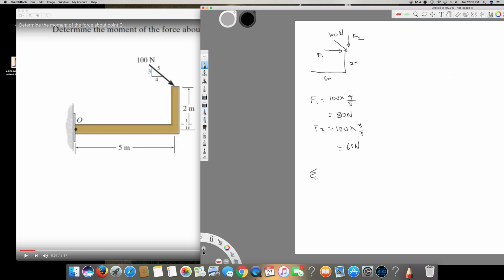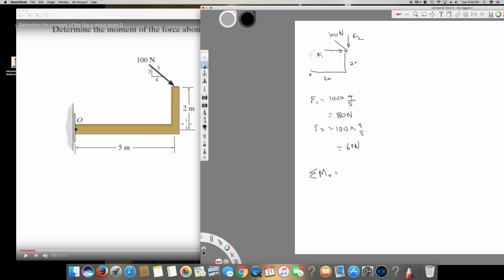In order to find the total moment, I have to multiply the force by distance. First of all, we have to make a sample diagram. So this is the origin O, right? And I'm putting a dotted line to make a square to show exactly where it's going to turn around, because we have to know that, then only can we put positive or negative. We have to know whether it is turning clockwise or counterclockwise.